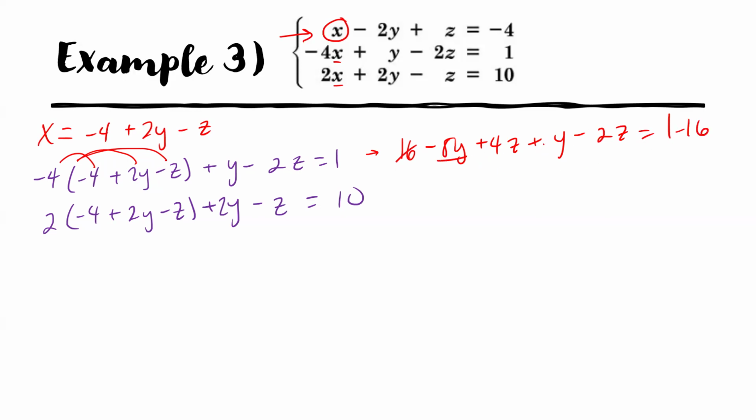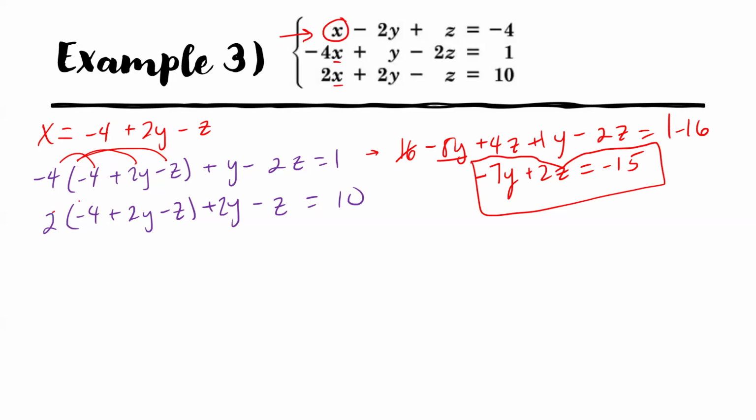I have negative 8y and positive 1y. What's negative 8 plus 1? Negative 7. Good job. Okay. What's 4 minus 2? 2z. And 1 minus 17 gives me negative 15. So here's my first two variables simplified.